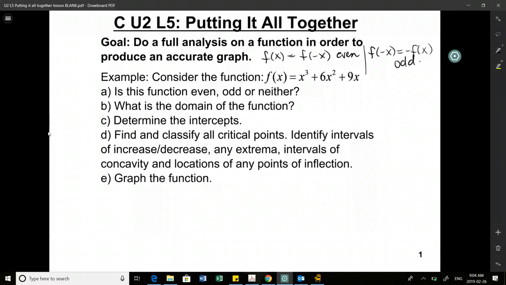So I know right away that this is neither even nor odd. Even functions can have a constant. The shift does not affect where that line symmetry is. But odd functions, if they have a constant, it will shift the point symmetry from 0, 0. So odd functions would not have a constant. But this one has a mixture of even and odd, so we would say that it is neither.